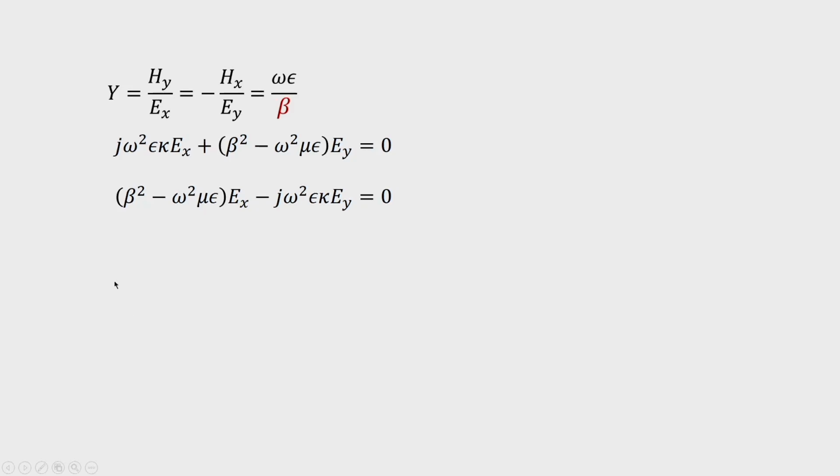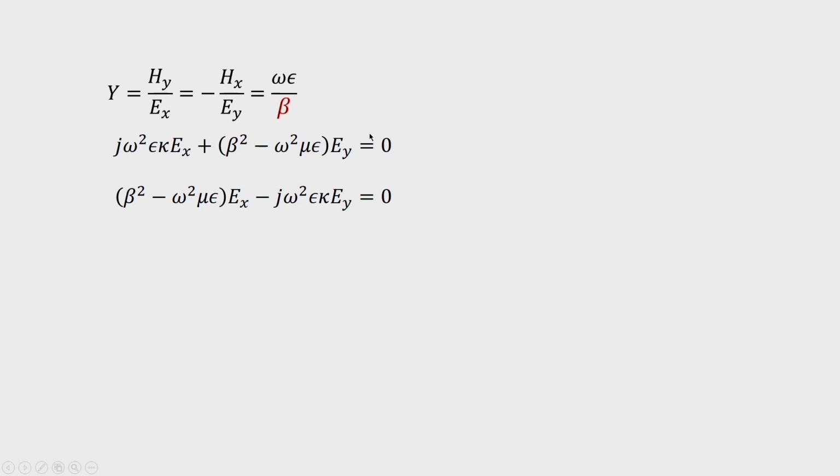we get a set of two equations: j omega squared epsilon kappa E_x plus (beta squared minus omega squared mu epsilon) E_y equal to 0. Similarly, (beta squared minus omega squared mu epsilon) E_x minus j omega squared epsilon kappa E_y equal to 0.